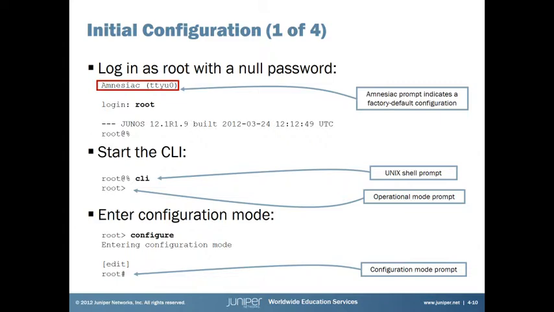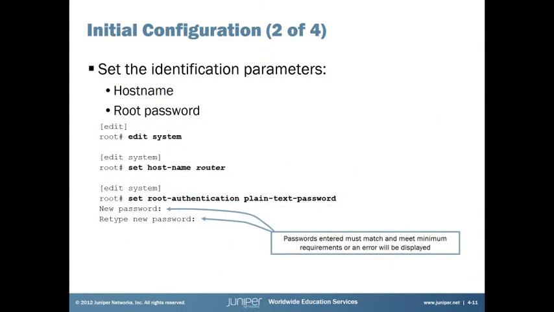You then log in as root. You then arrive at the shell prompt, so you're not at the CLI. To get to the CLI, you type cli. Pretty straightforward, and then there you are, in the CLI. Go into configuration mode, and now we're ready to go and set up some information.